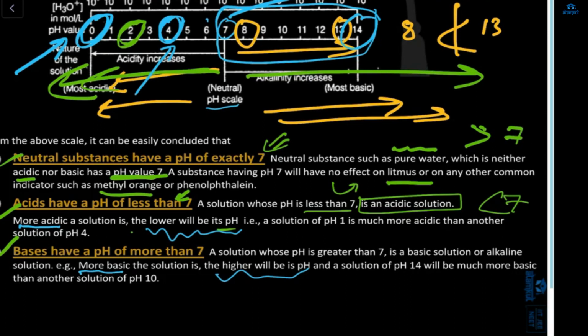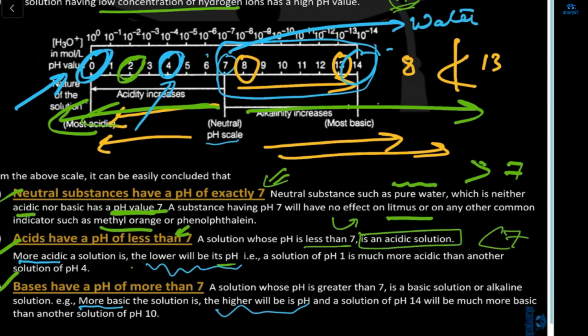Can you explain this? Because the hydrogen ions are less, that's the reason. No, no, the OH minus ions will be less, so it will be more acidic. Okay. Ria, you? Ma'am, actually H plus ions will be present more in the acidic one, so that's why. Okay.